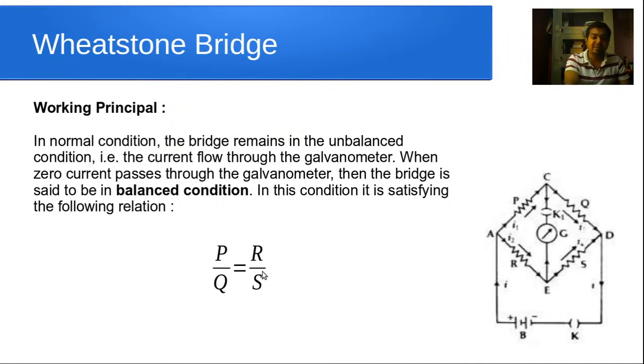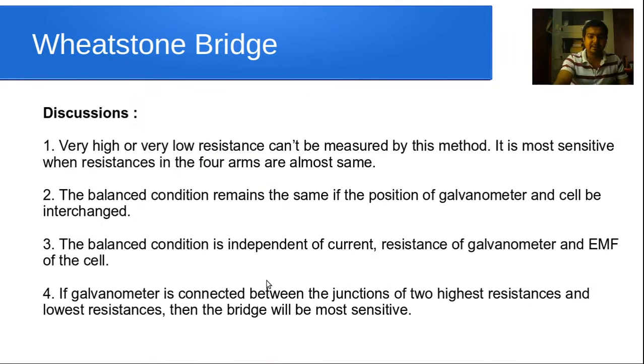Then we can measure the unknown resistance S very easily, because the galvanometer works very smoothly and properly. So the total circuit will be very sensitive to measure the unknown resistance S. It is most sensitive when the resistances of the four arms are almost the same.